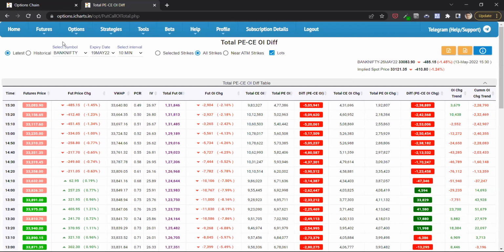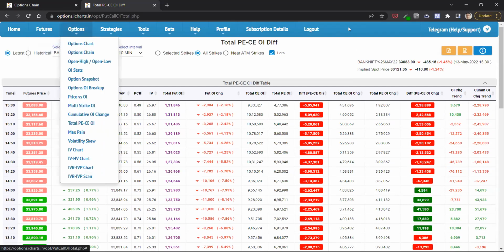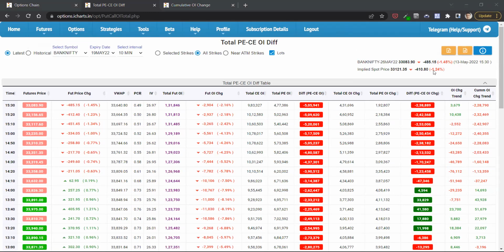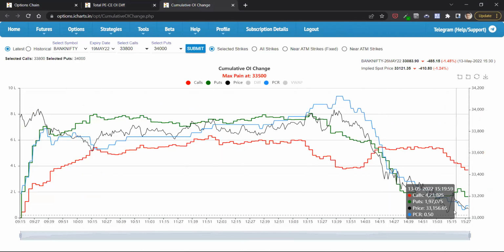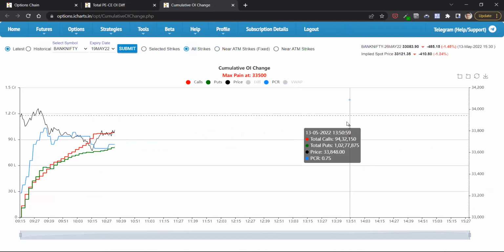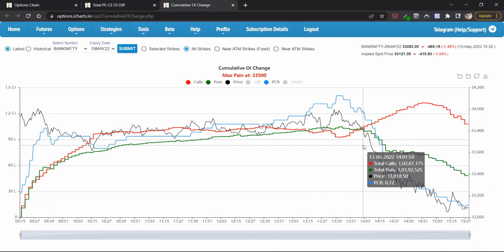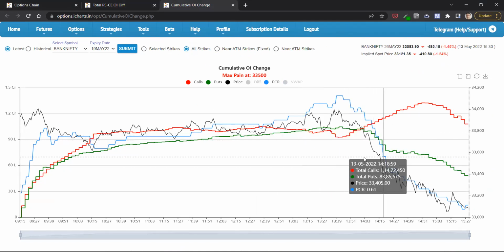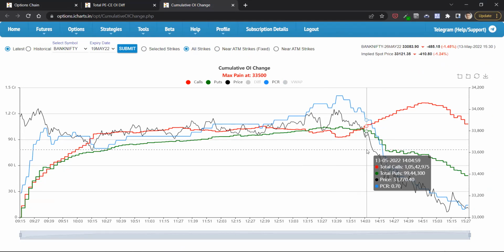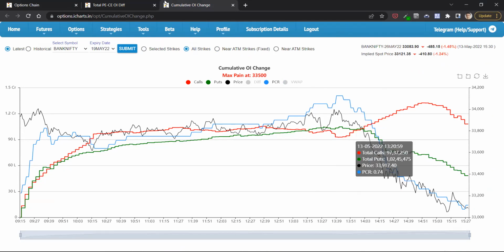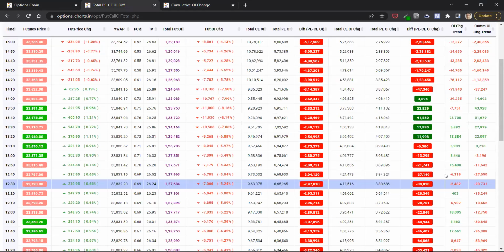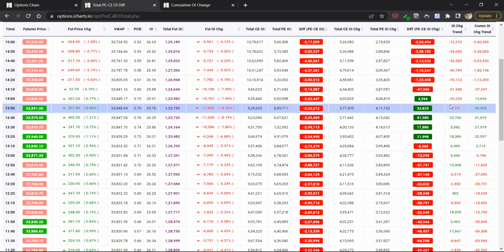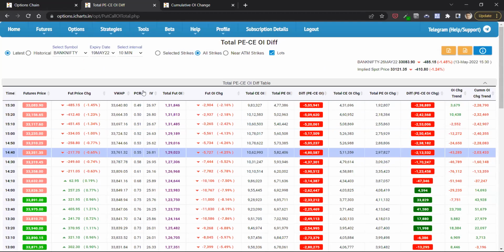Now, compared to what we were looking at earlier, the cumulative OI change, one minute, I'll show you. Over here, it was going negative. In cumulative OI change, all strikes, it went negative around 14.5, and that is when the market fell. Here it also took some time.